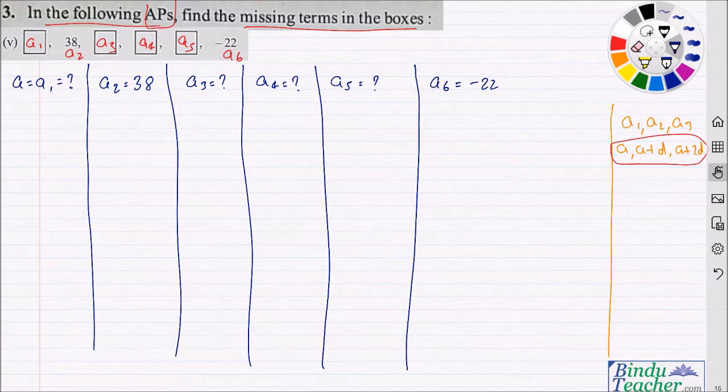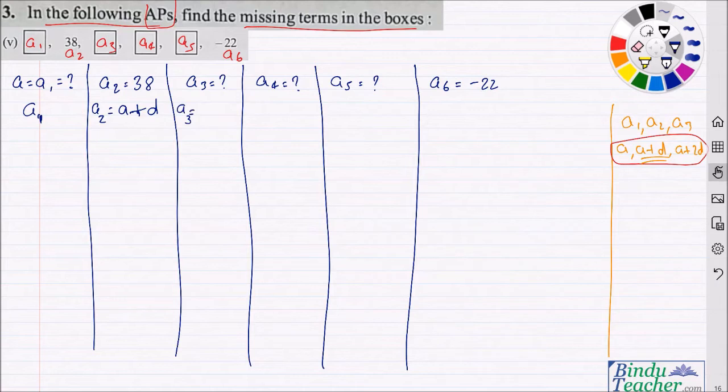First, A1. A1 we do not know the value, so we will write it as this. A2: the formula for A2 will be A2 equals A plus D, where D is the common difference. And you can see that formula here, A2 equals A plus D. Similarly, we will write the formula for the rest of the numbers.